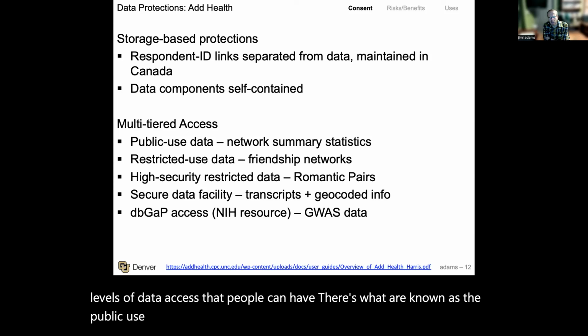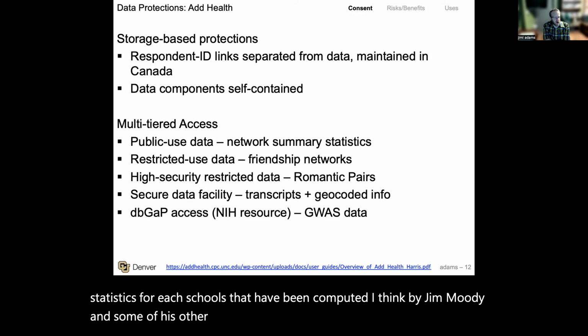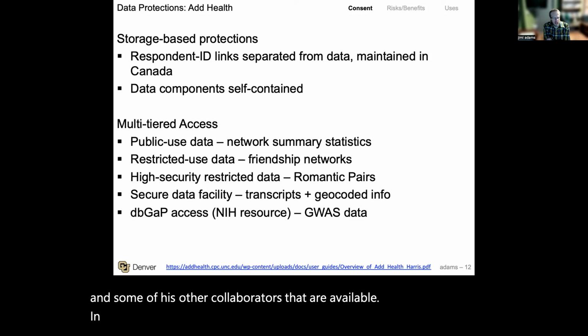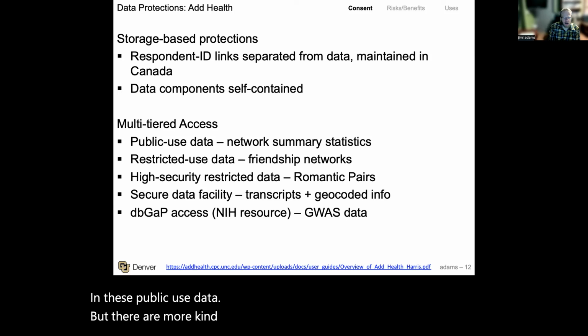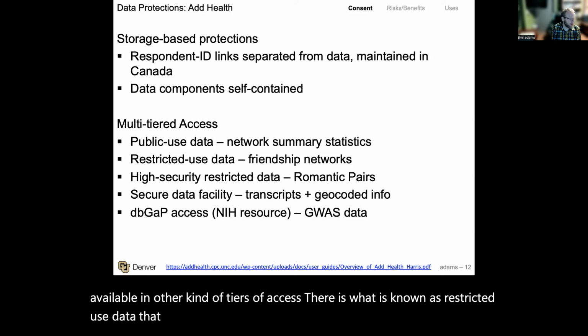In terms of network applications, there are summary statistics for each school that have been computed, I think by Jim Moody and some of his other collaborators, that are available in these public use data. But there are more granular data in the network context that are available in other tiers of access. There's what is known as restricted use data that is available on particular types of computers at particular locations via data use agreements.